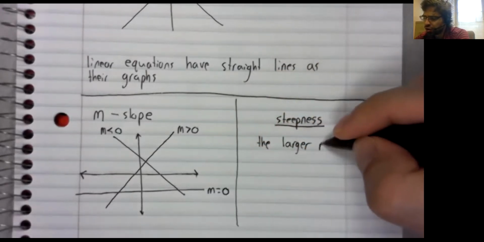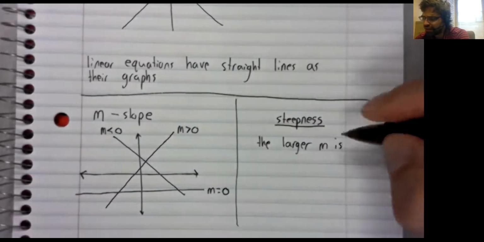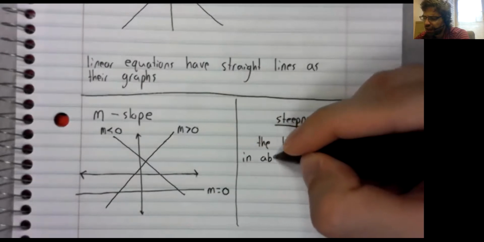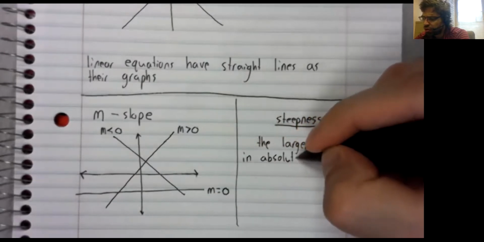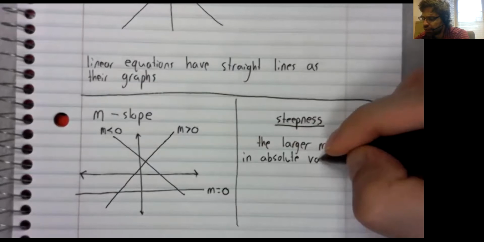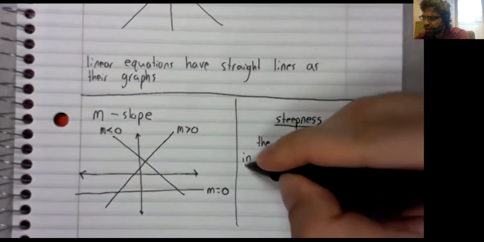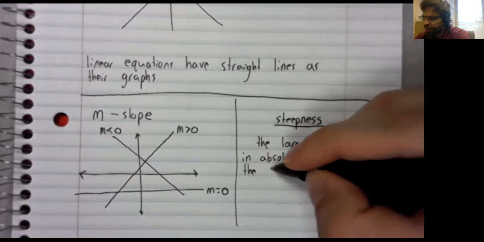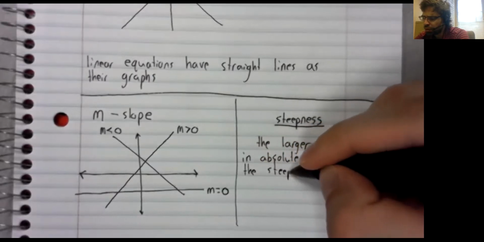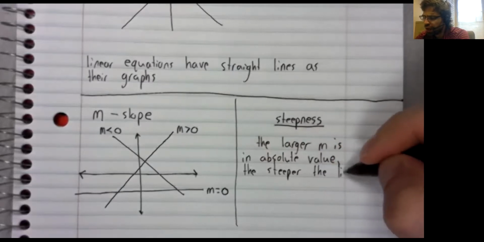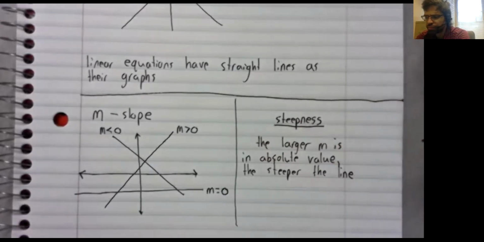The larger m is in absolute value, the steeper the line.